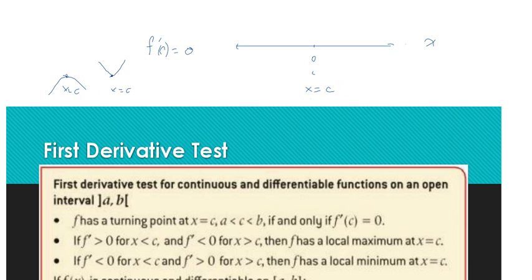So let's illustrate that. Let's choose some points here where a is less than c and b is greater than c. So at x less than c, to the right of 0, if we have a slope which is greater than 0, then our slope is positive.